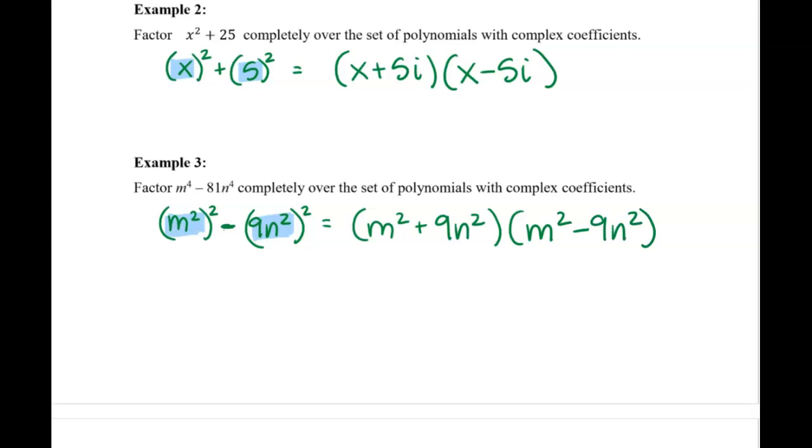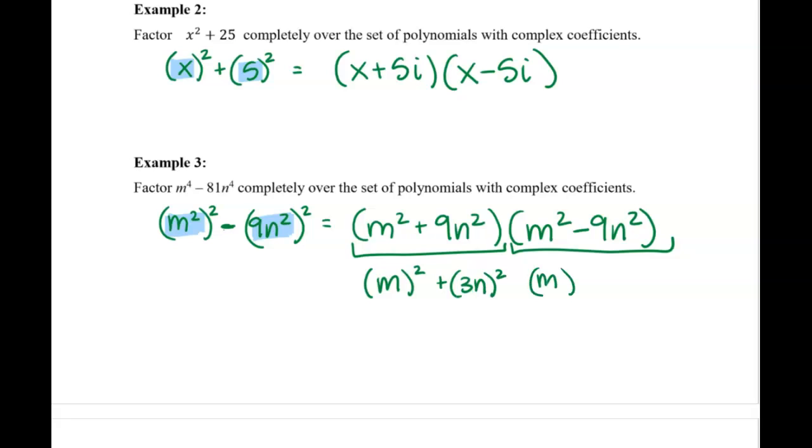But here's what happens with this one. We can actually refactor both of these. m squared plus 9n squared is the same as m in parentheses squared plus 3n in parentheses squared, and m squared minus 9n squared is the same as m in parentheses squared minus 3n in parentheses squared.